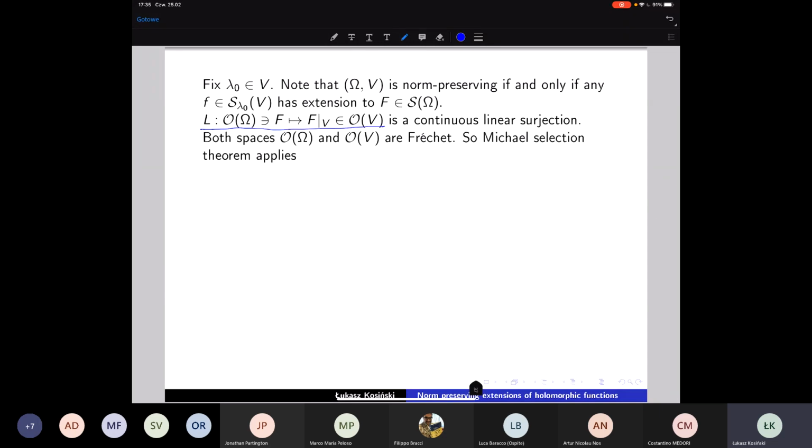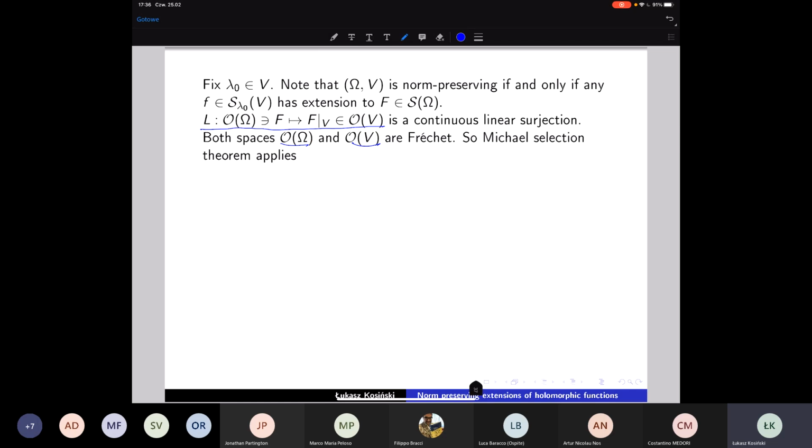This is what I mentioned. This is Cartan's theorem: this is a continuous linear surjection, as shown by Oka. Here V is an analytic set, omega is pseudo-convex, and both spaces are Fréchet, so we can apply the Michael selection theorem.